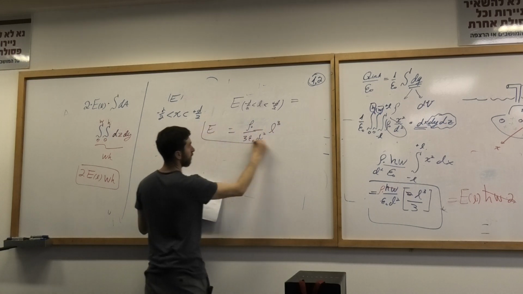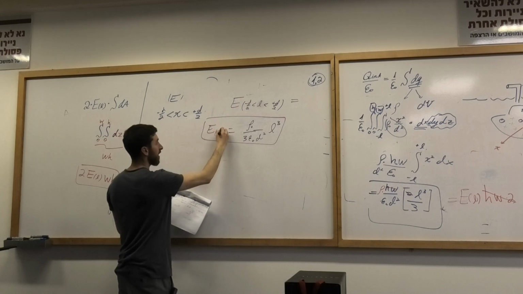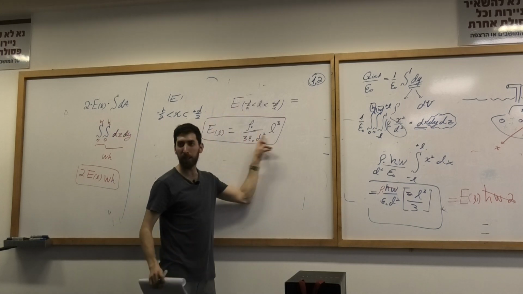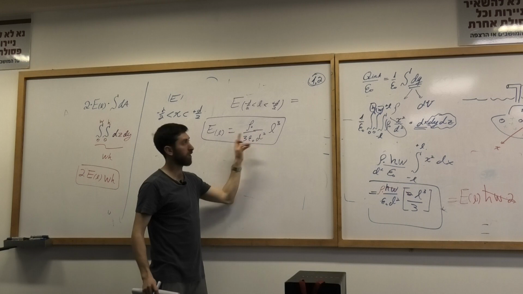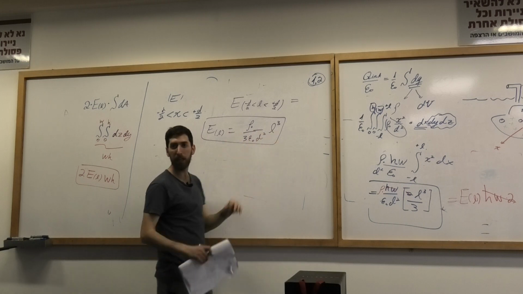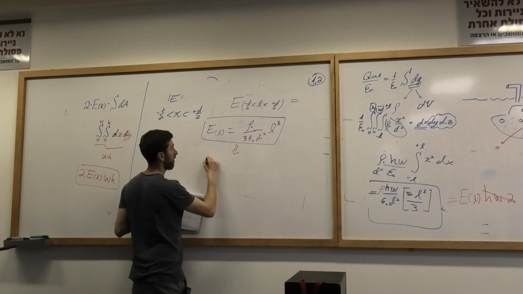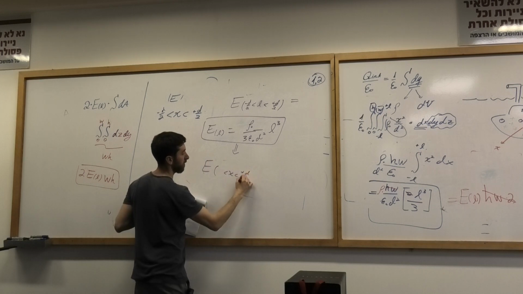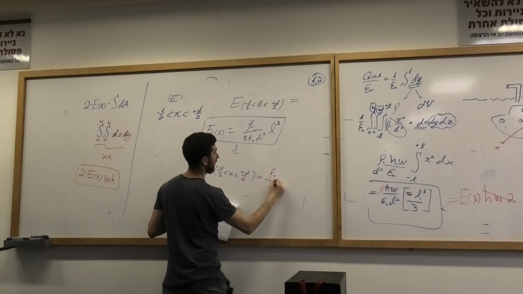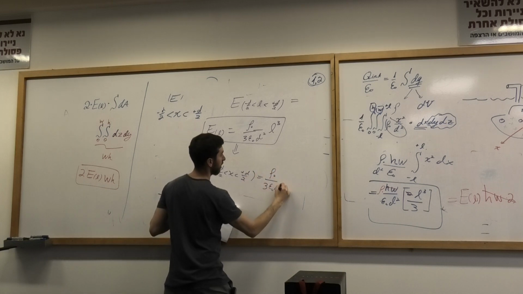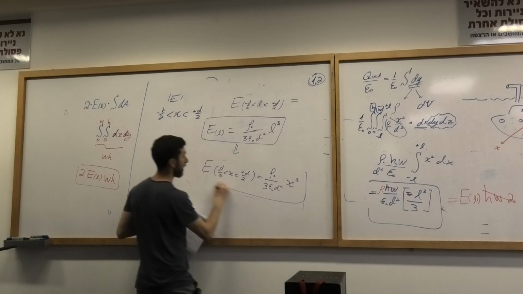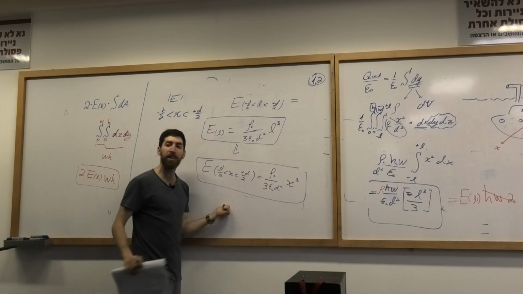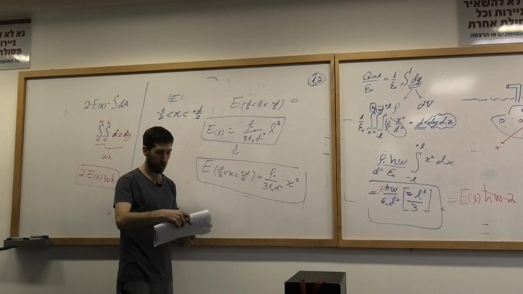This is the electric field that we found. Right now you can see it's changing with the distance. We can think of L as x. This is E of x from plus d over 2 to minus d over 2 equal to this. That's what's going on inside the submarine. Good.